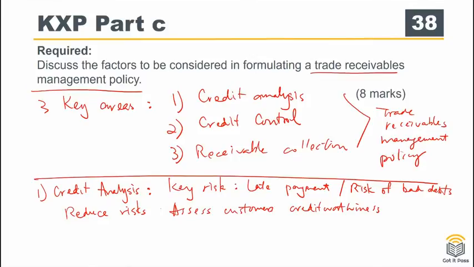Here's the very important part. Say A, assess customers' credit worthiness. How can it be done?